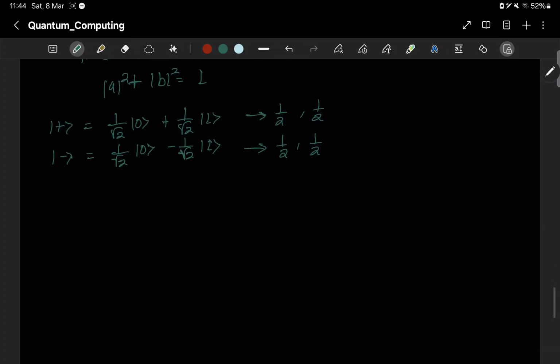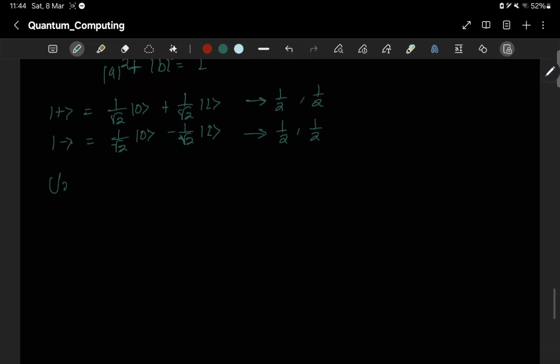So in the next section, where we'll study unitary operations, we'll see a special operation that can help us distinguish between these two states when we are doing the measurement in the standard basis. So let's discuss unitary operations.